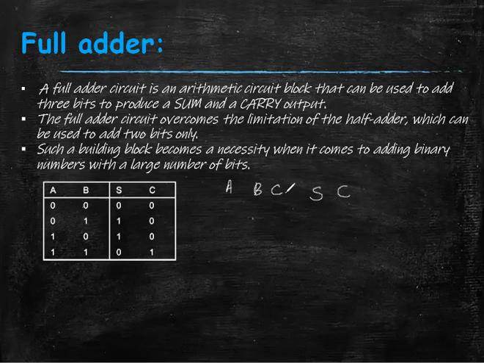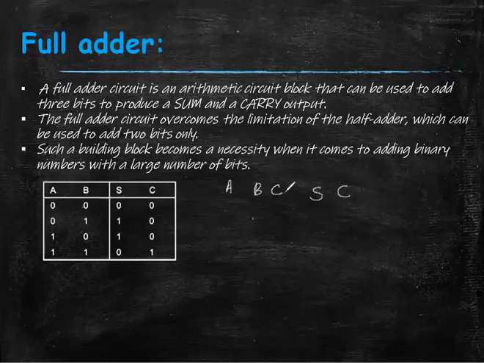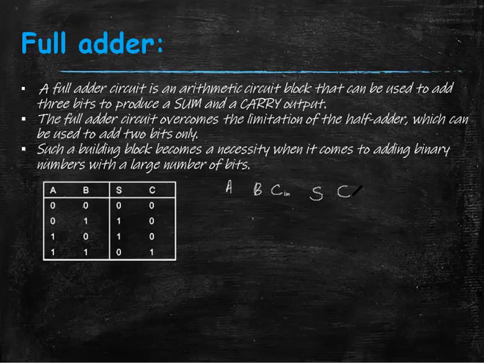If we use two C's, it may be very confusing, so we write C in and C out. C out means the carry and C in is the third variable.